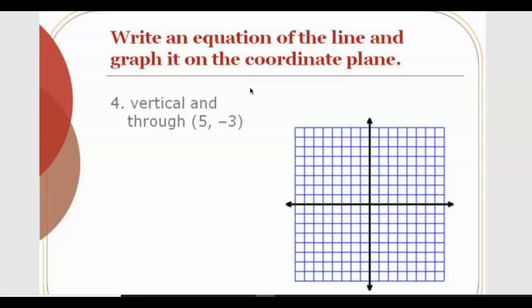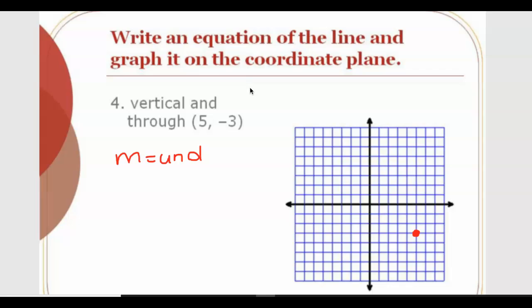So again, we have (5, -3). So I know that my line is going to go through that point. This line is vertical. So a vertical line has an undefined slope.